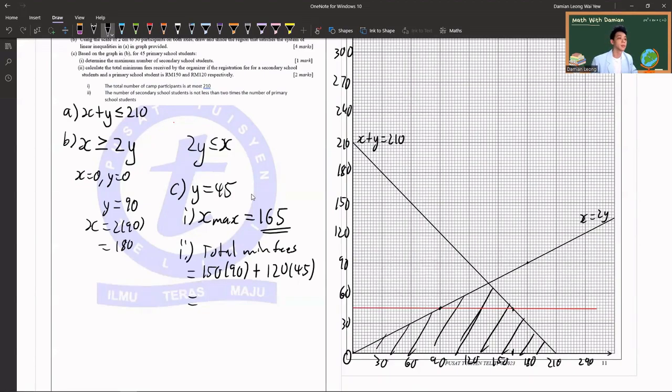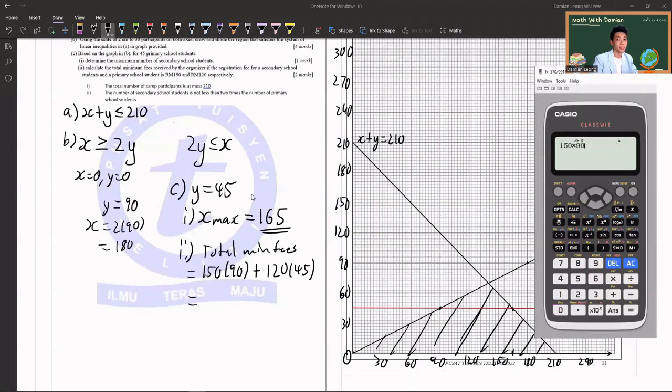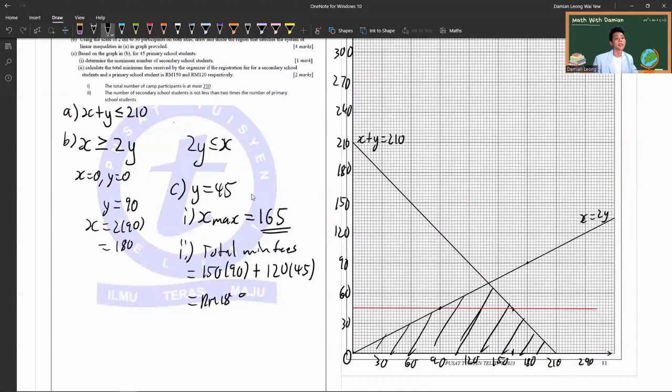Yeah, we want the minimum number of secondary students. So yeah, 150 times 90 plus 120 times 45, which will give us 18,900 ringgit. That's the total minimum fees.